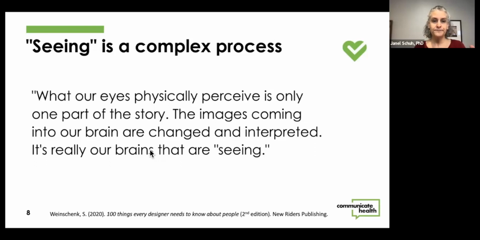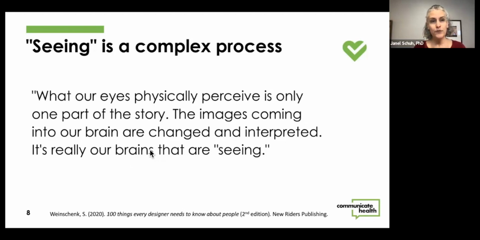First of all, the image, or the visual, is just a part of what our brain sees. So it's like the starting point, and then our brain adds on layers of perception and meaning. So as it says here, it's really our brains that are seeing.